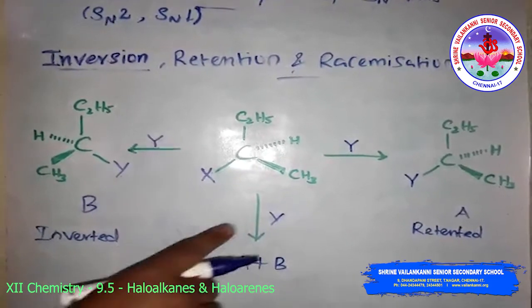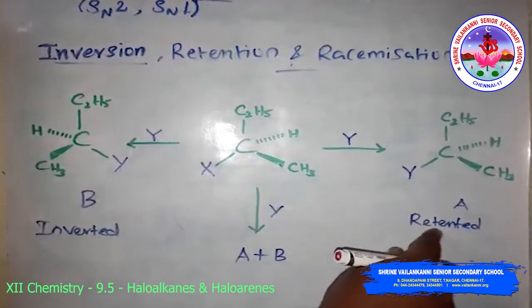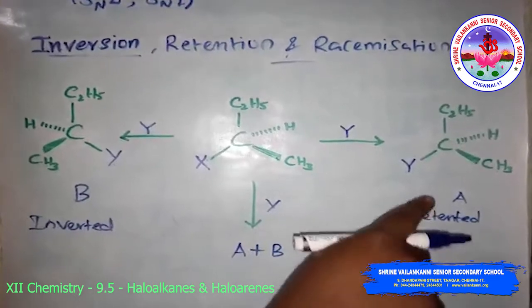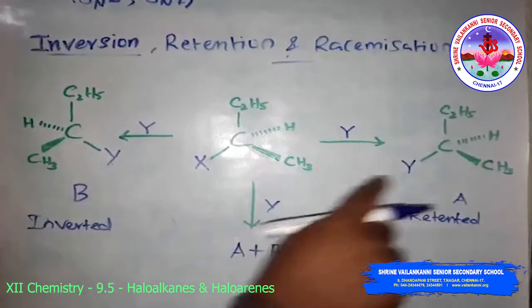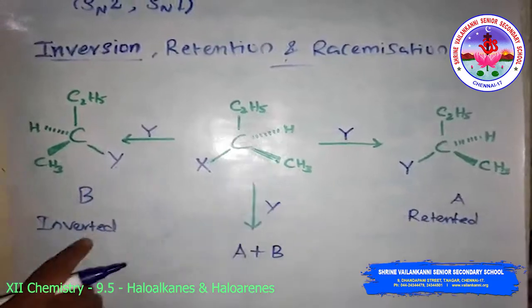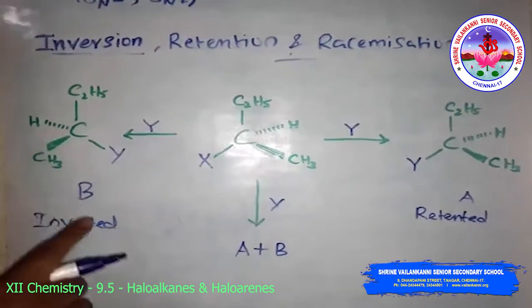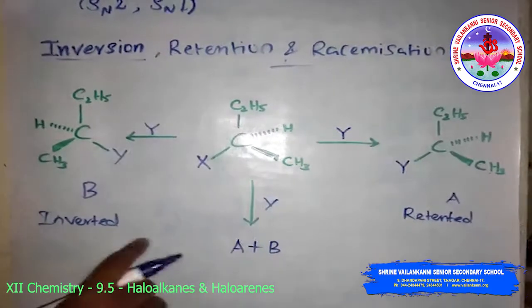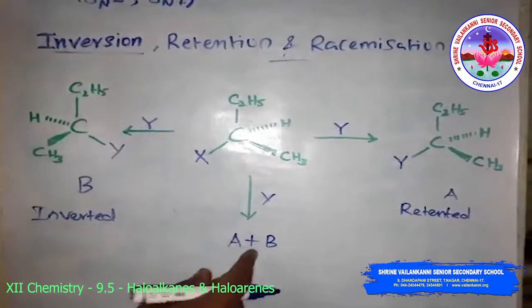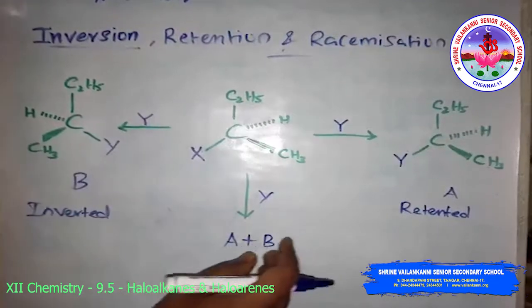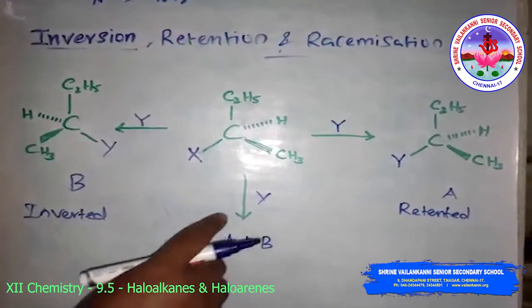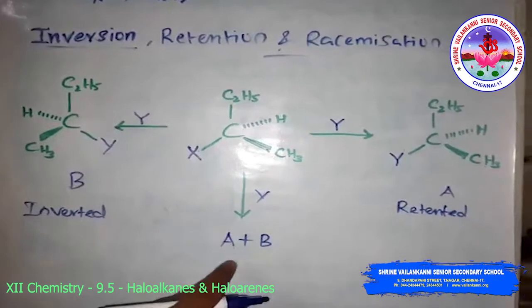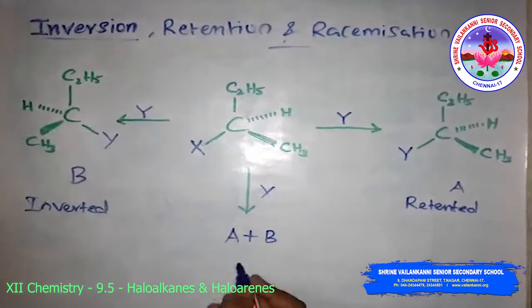That means if only compound A is obtained, the process is called retention of configuration. If only compound B is obtained, the process is called inversion. Look at this, if the mixture of A and B is 50:50, the mixture of A and B is called racemization.